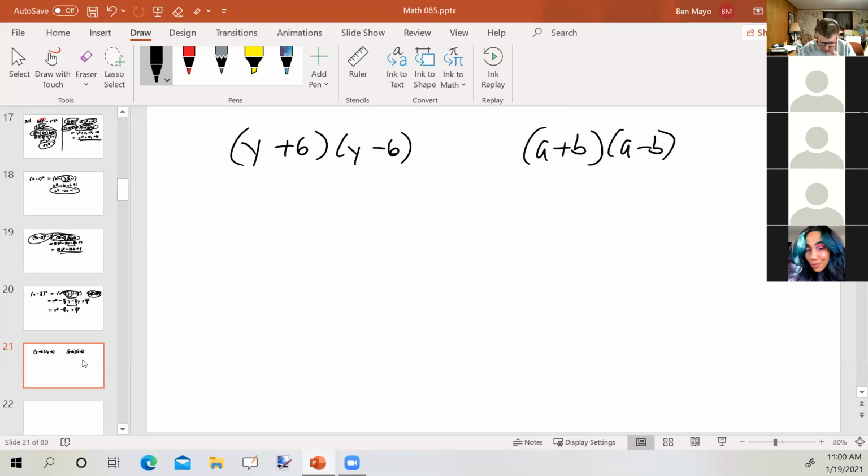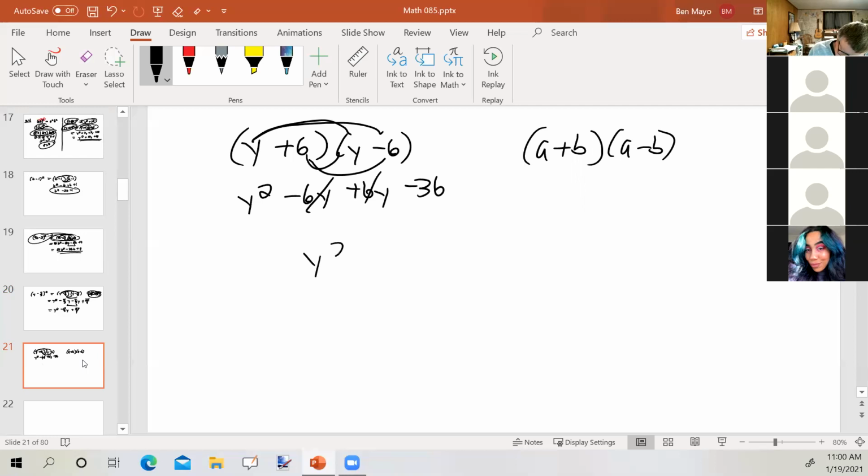When we multiply those together, y squared minus 6y plus 6y minus 36, the two middle terms cancel each other out. And we're left with a binomial y squared minus 36.